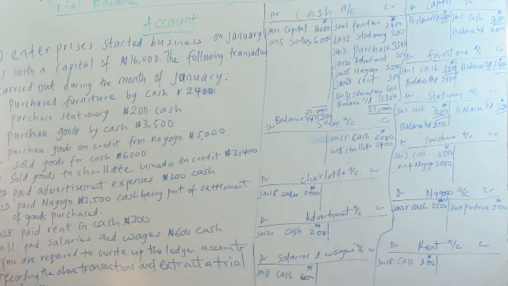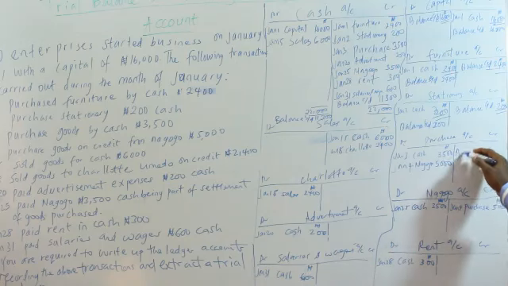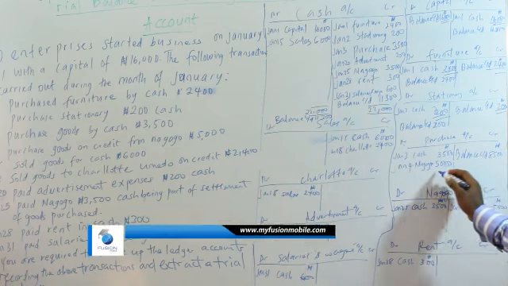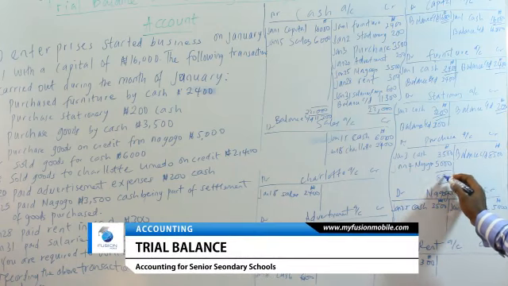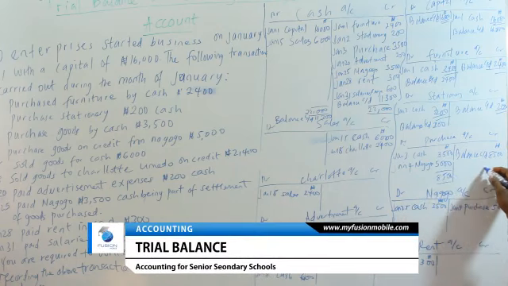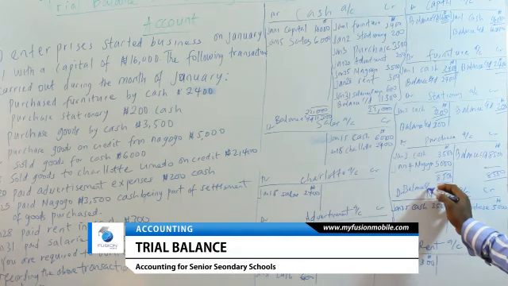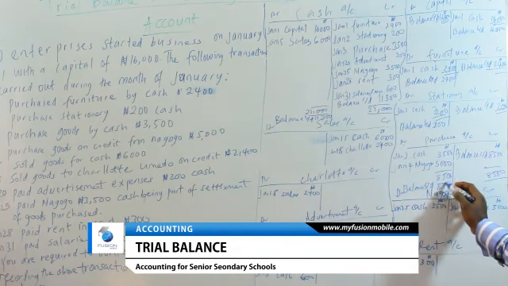Again, we can balance the purchase account, and balance carried down. Nothing here. We can add this as 8,500. Then we have 8,500. Then we can have balance brought down 8,500.